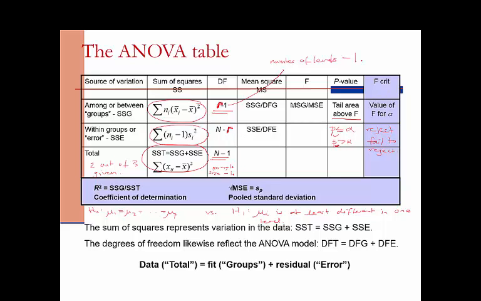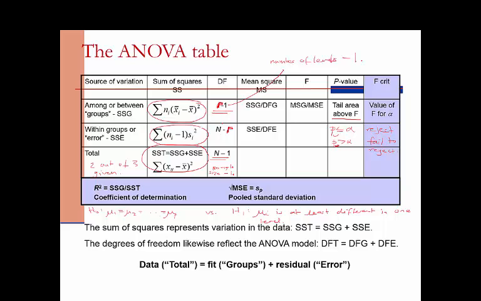And this then is just the gap between these two numbers, because this number plus this number gives you the total. So n minus 1 minus p minus 1 is just n minus p. So if you took 100 data points and had 4 different locations, the treatments, this would be 96.